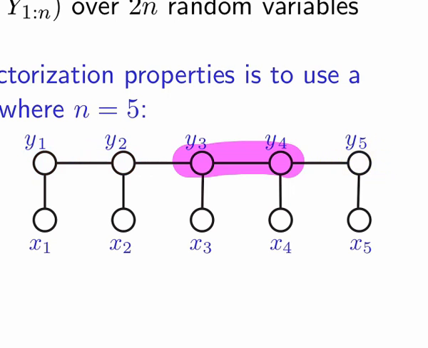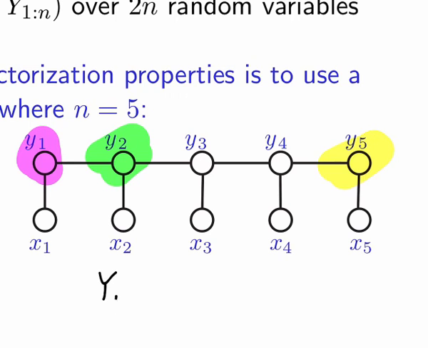Another instance of this is y2 separates y5 from y1. I've got all this stuff in between. The fact that I'm not conditioning on y3 and y4 doesn't matter. I should say y1 is independent of y5 given y2. So that's also an independence statement that's stated by the graph.